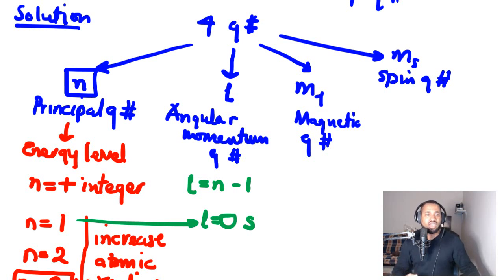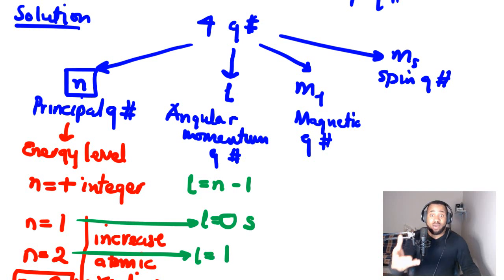When you get to the next energy level, another orbital is introduced in addition to the s orbital. To prove that, we put n in that equation and we find L to be equal to 1. And L equals 1 represents p orbitals.